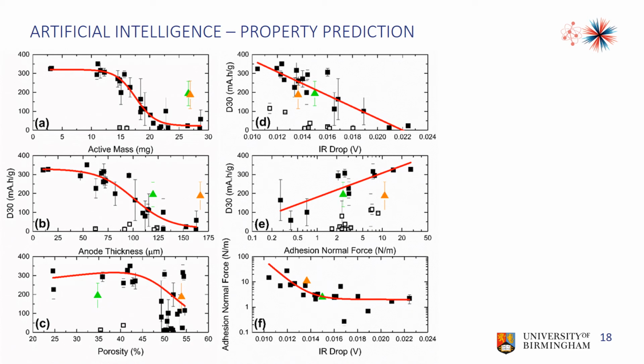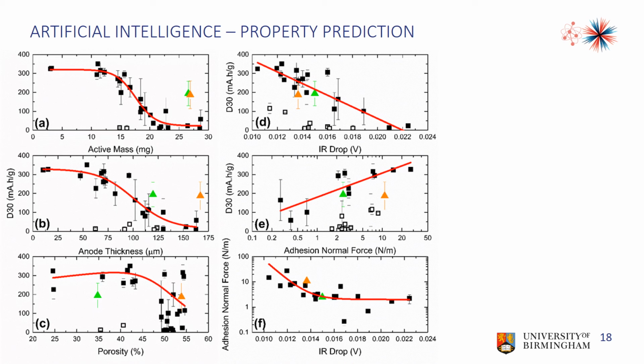So as you can see from the first graph, where the black solid symbols are the experimental data we produced in the lab, and the red lines are the trends that follow this experimental data, the AI predicted values, with green and orange symbols corresponding to calendared and non-calendared electrodes, were much better than the experimental ones, giving values close to 200 milliamp hour per gram for D30, as opposed to approximately 25 milliamp hour per gram for the experimental ones that we produced.